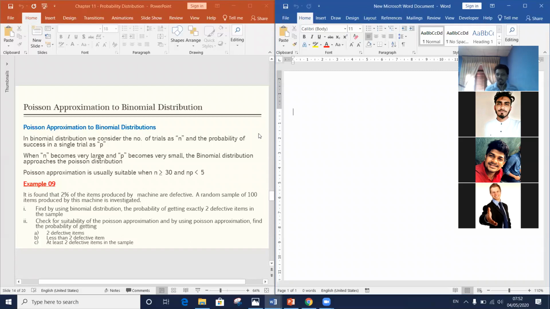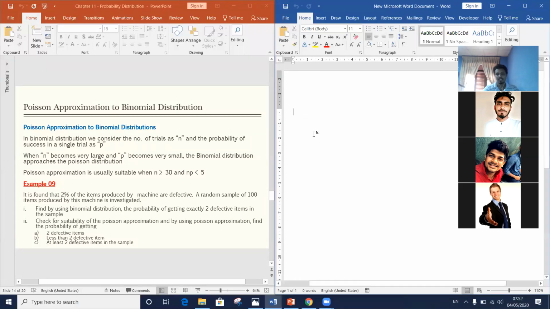Rather than determining whether it is binomial or Poisson, we need to decide whether to apply the binomial formula or the Poisson formula. If it satisfies two conditions, the answers will not be significantly different, and we can use either formula to calculate probabilities, right?